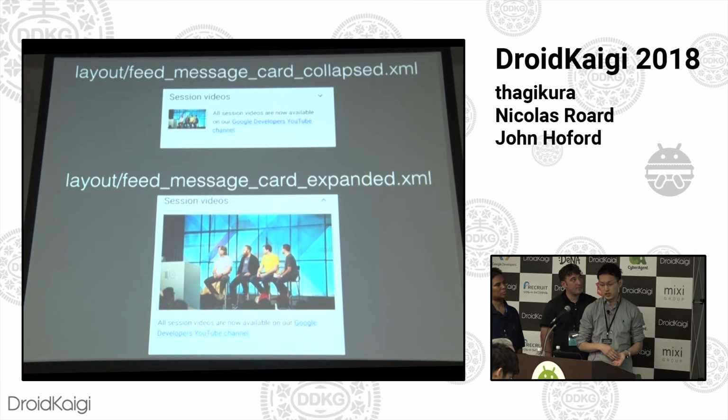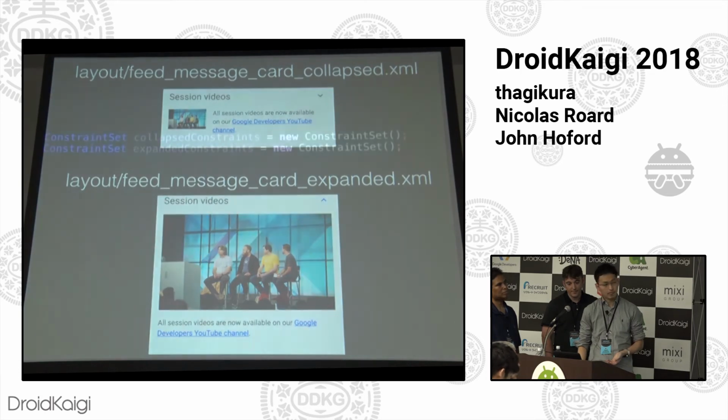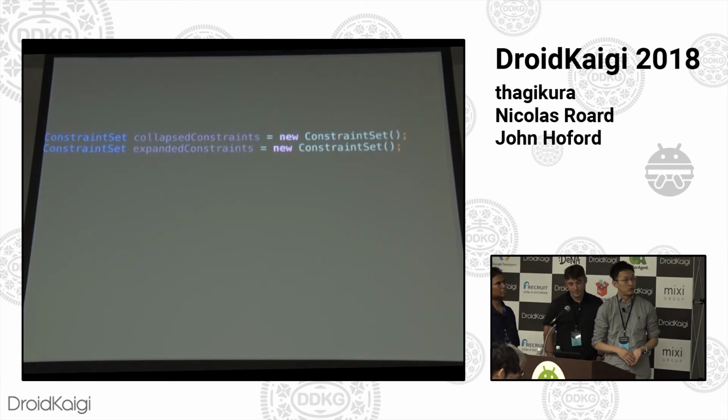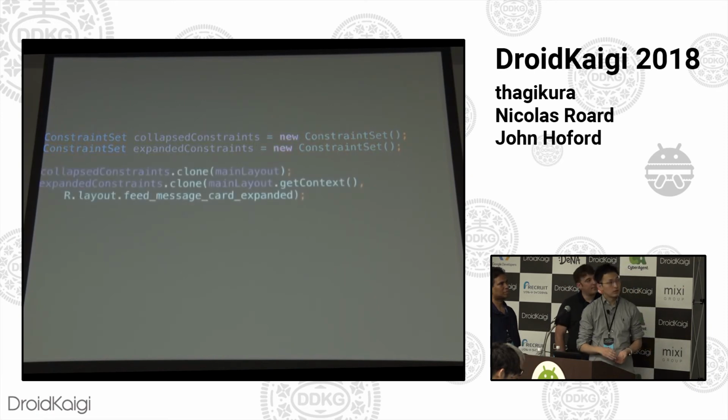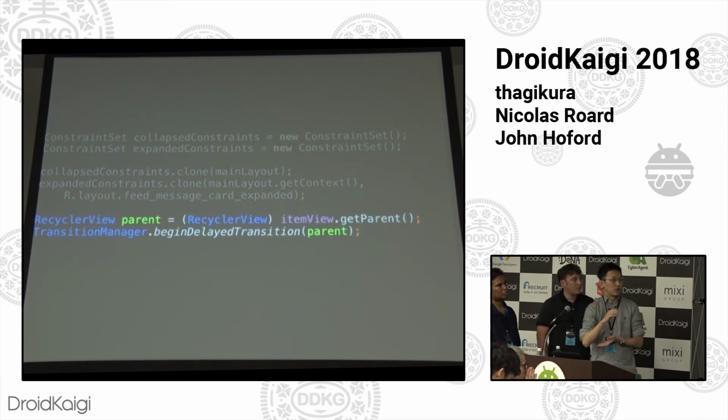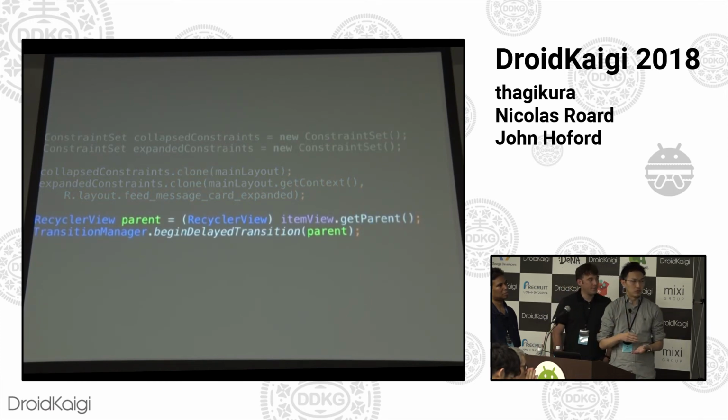Basically, we prepared two layouts that represent the collapsed one and the expanded one. And we prepared two constraint sets and loaded the constraint sets from the layouts that represent the collapsed one and the expanded one, respectively. Then we use a transition manager to let it do the transition between the constraint sets.